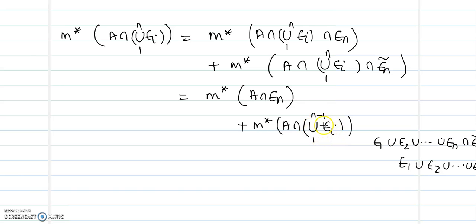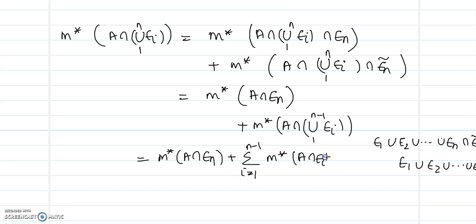Now we have assumed that by induction the result is true for n minus 1 sets. അപ്പോൾ ആ expression ആണ് നമുക്ക് ഇവിടെ ഉള്ളത്. So replacing the second term by the summation which we have obtained from the n minus 1 sets case, this will be summation i equal to 1 to n minus 1 m star of A intersection Ei.